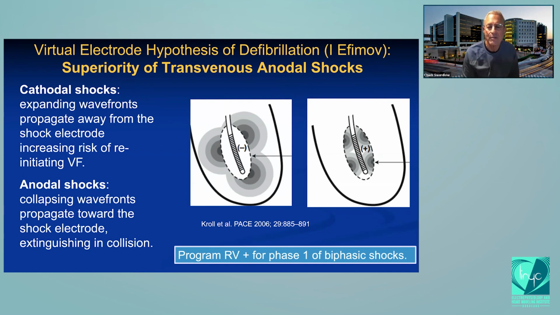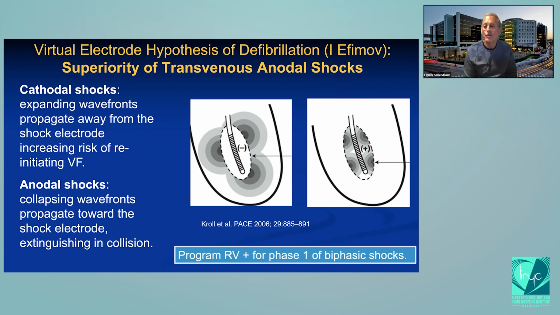But the basic concept is that defibrillation is always probabilistic. So there's always some chance you're going to fail with an anodal shock, no matter how good it is. Let's say, just to make it easy, there's a 90% chance you succeed. That means you shock 10 patients, one of them is going to fail with an anodal shock.